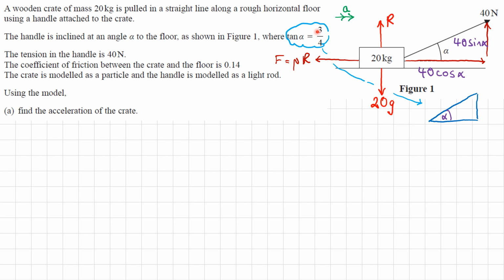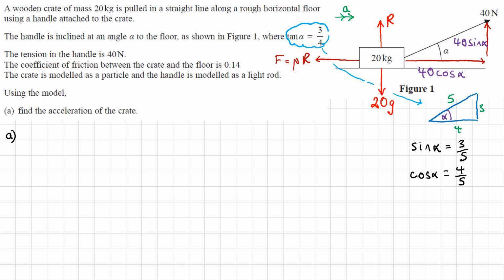Tan is the opposite over the adjacent, so the opposite is 3, the adjacent is 4. Using Pythagoras, that means the hypotenuse is 5. So I've got exact values for sine alpha, the opposite over the hypotenuse, which is 3/5, and the exact value for cos alpha, the adjacent over the hypotenuse, which is 4/5.